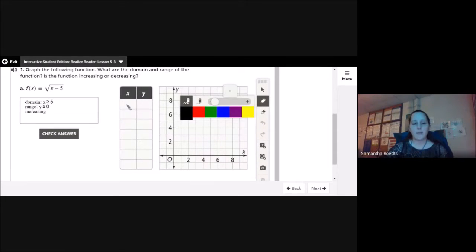Okay, so I'm going to go ahead and pick a couple values for this. I want to pick values that make this a perfect square. So let's see, 0. So I could do 5. Should make this 0. Okay, 5 minus 5 is 0. Square root of 0 is 0.